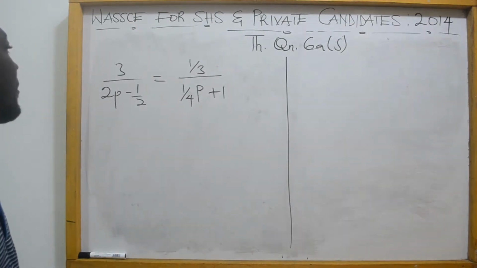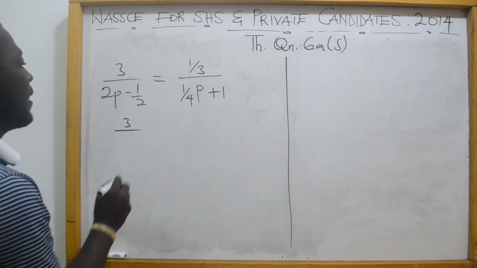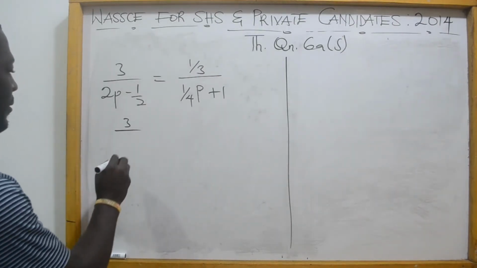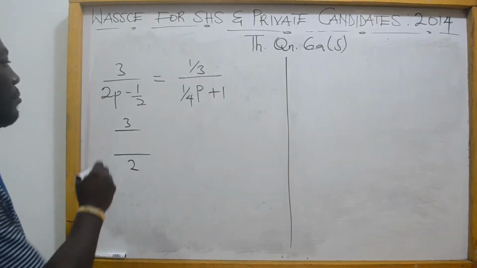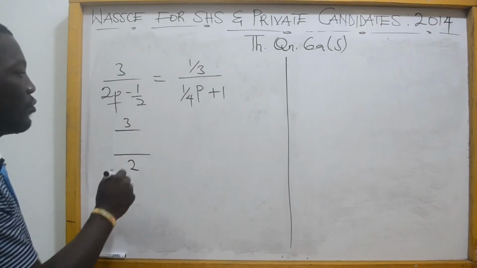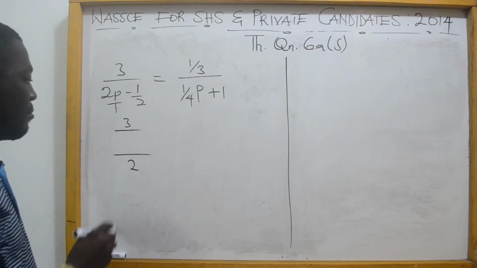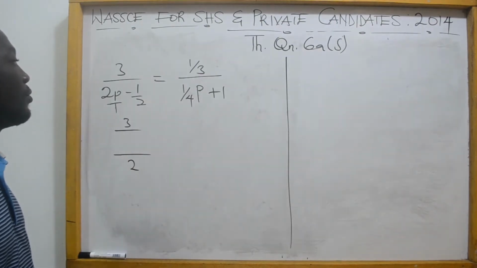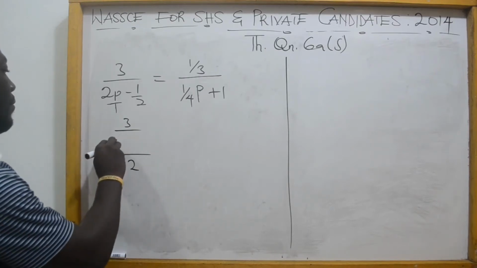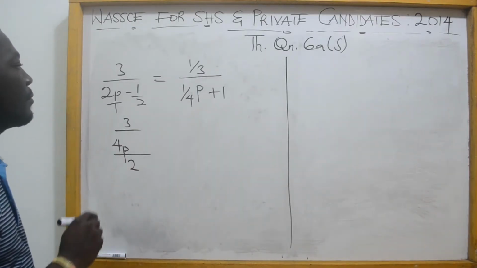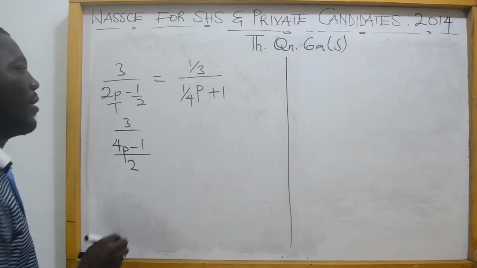Alright, so let's tackle the left hand side first. So 3 divided by the least common denominator there is 2. So this divided by 1. 1 into 2 is the same 2. So 2 times 2p will give you 4p. Then 2 into 2 is 1. 1 times 1 is the same 1.